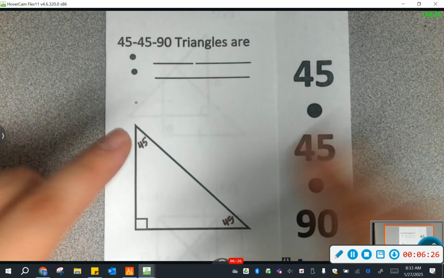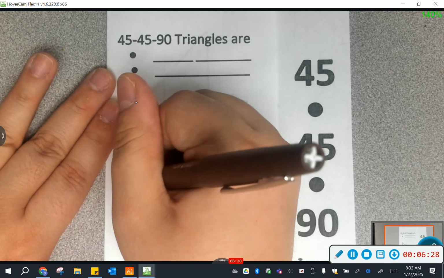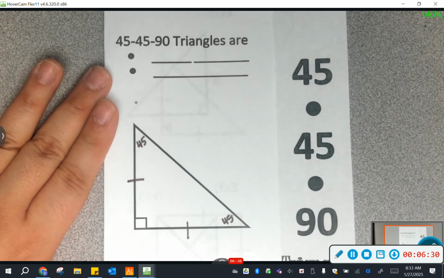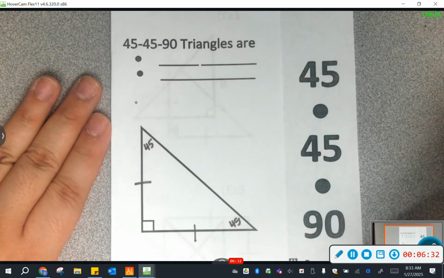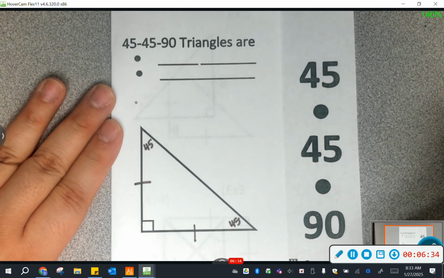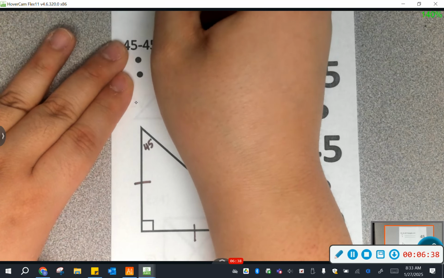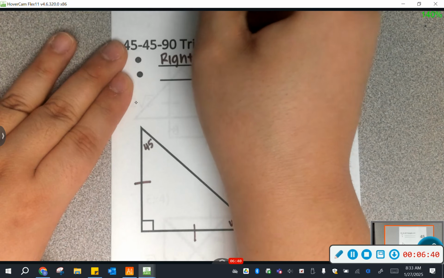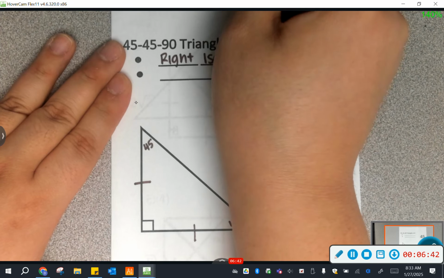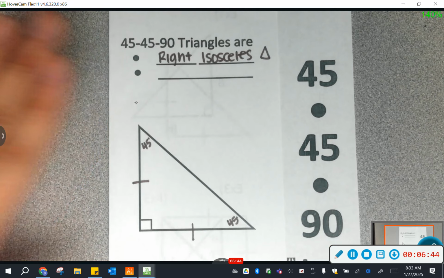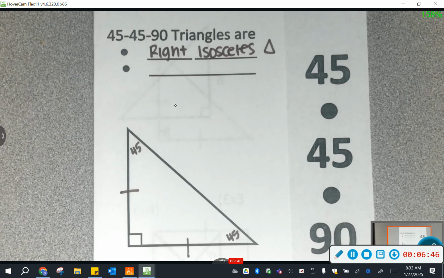They're going to be the same, so I can have a tick mark here and a tick mark here, because it's part of a square, right? So this is a right isosceles triangle. Write that down up top. A right isosceles triangle.